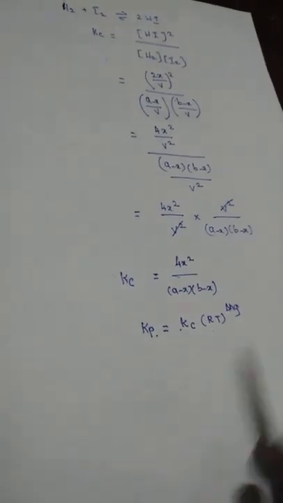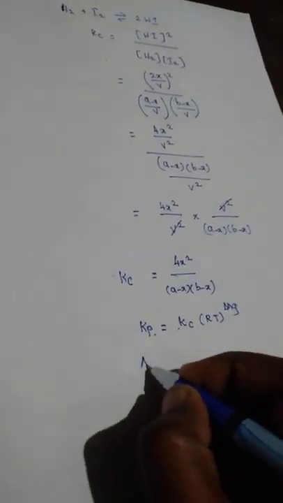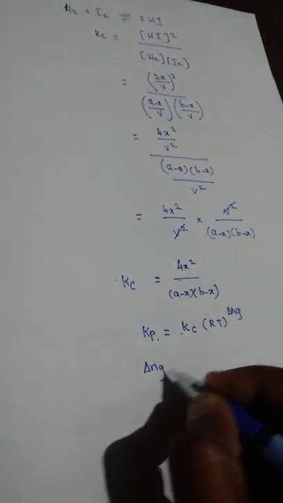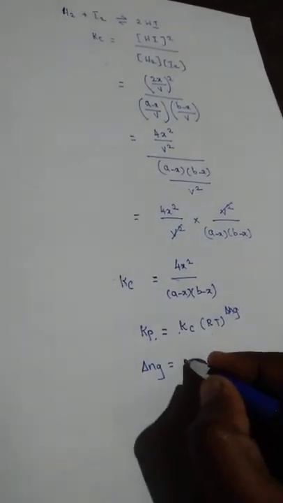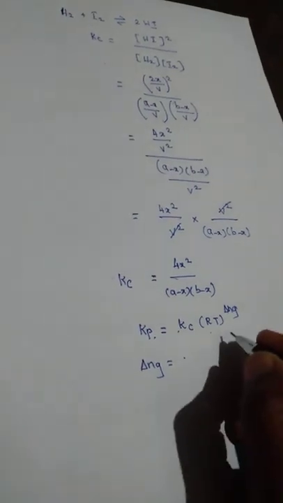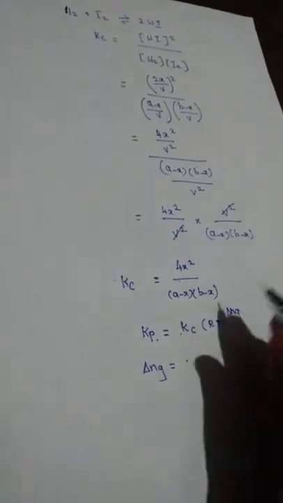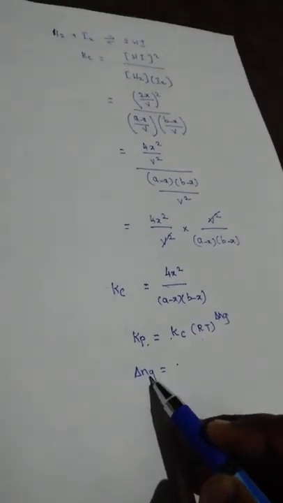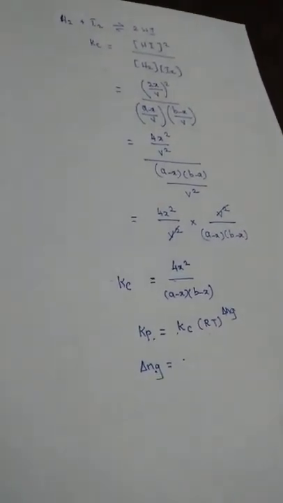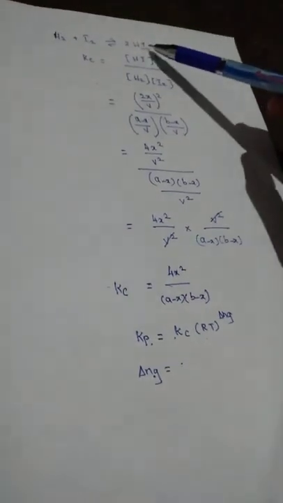Here you can calculate the delta Ng. Delta Ng is equal to number of moles of product minus number of moles of reactant.